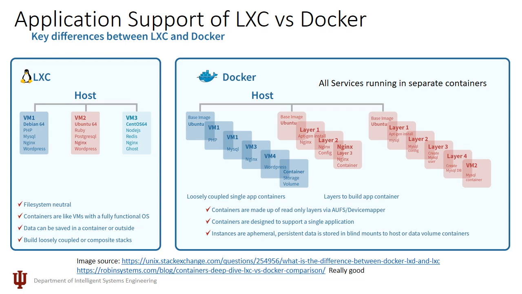Data can be saved in a container or outside, and then we can build loosely coupled composite stacks that are part of the container. In Docker, the containers are made out of read-only layers through, for example, a particular file system, and that is supported by the device mapper.